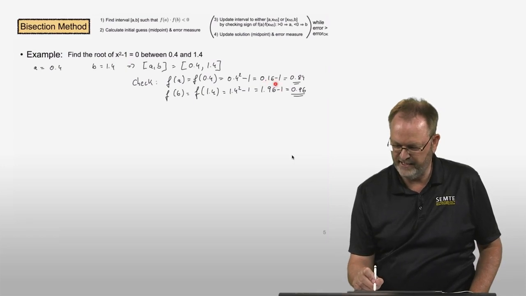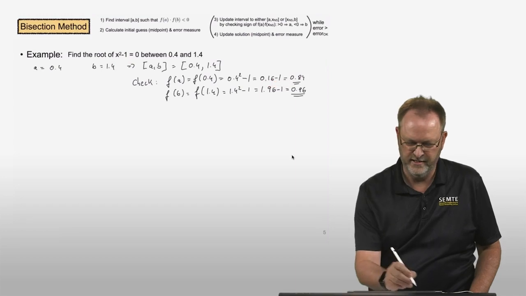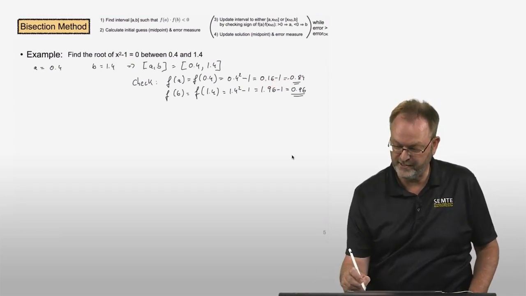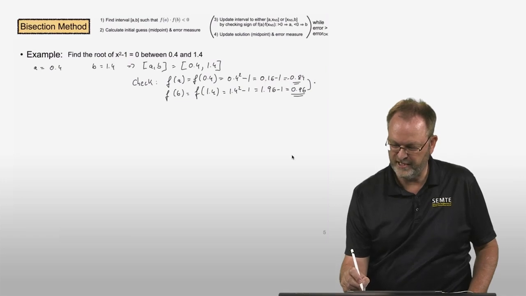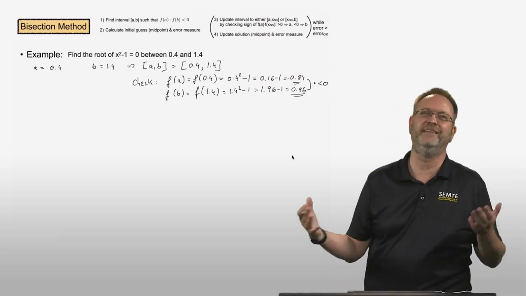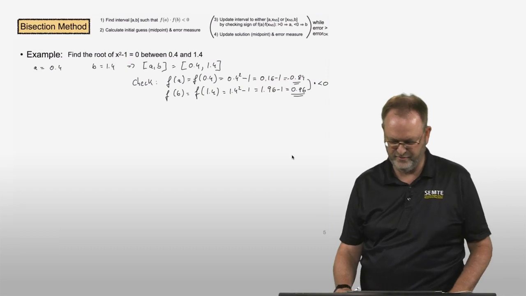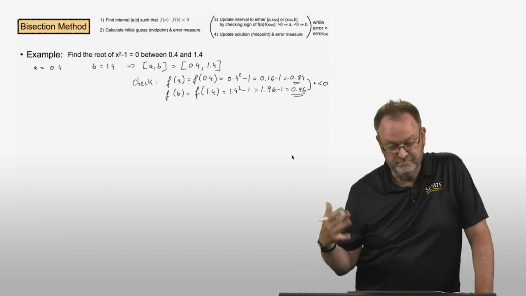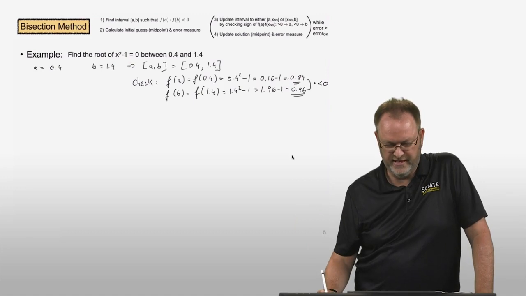And if I go back here, I notice that I made a mistake in here. So 0.16 minus 1 is, of course, a negative number. Okay, so now if I compare these here, their product is smaller than 0, meaning there is a root in this interval, as had to be expected. Okay, so this initial interval checks out.